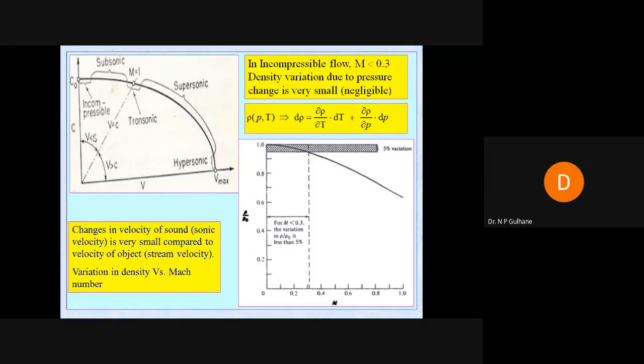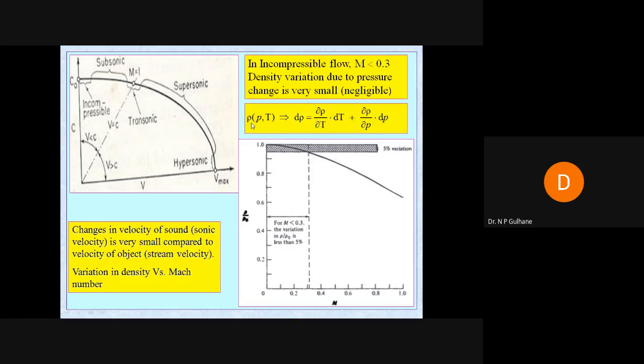Variation in density versus Mach number: you can see here variation in density with respect to variation in the Mach number. For Mach number less than 0.3, in this incompressible flow region, the variation in rho by rho 0 is less than 5%. So not that much effect.